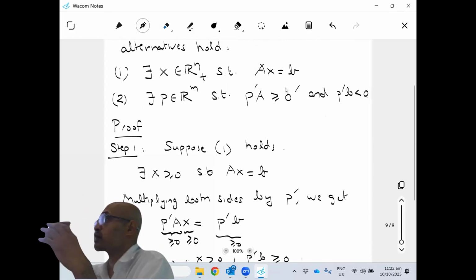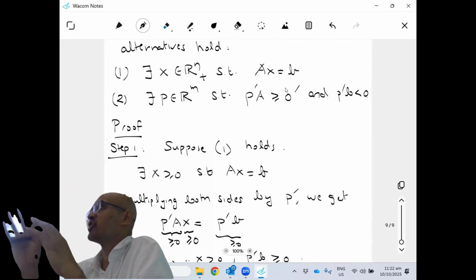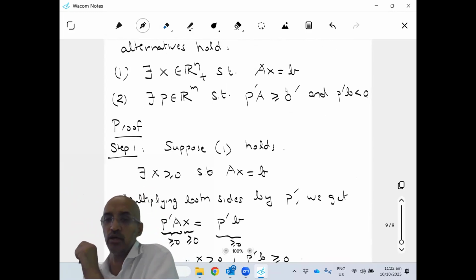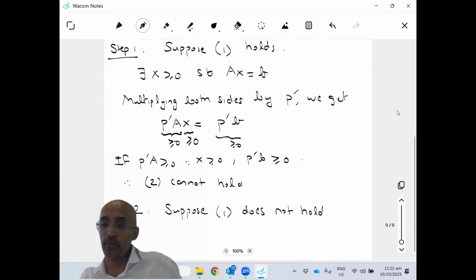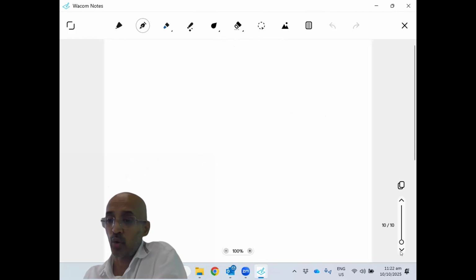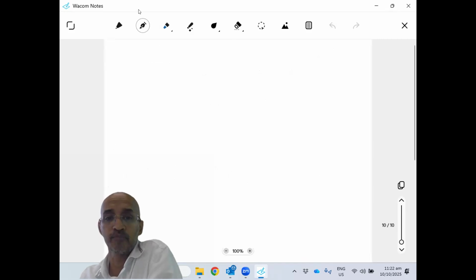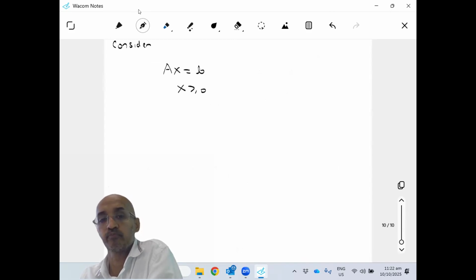A standard way to tackle these types of theorems of alternatives is to set up a primal dual LP and to use duality. If one does not hold, it means that AX equal to B, X non-negative is infeasible. So consider the LP AX equal to B, X non-negative.